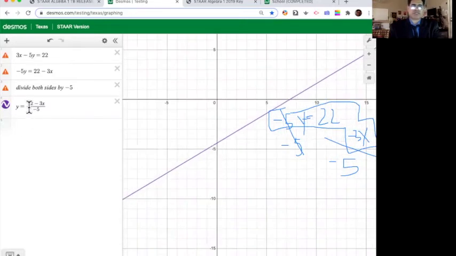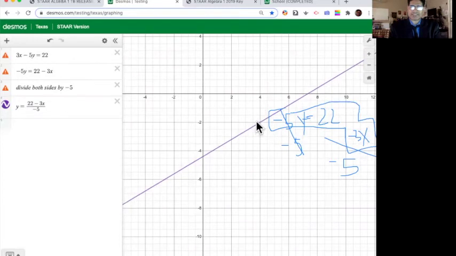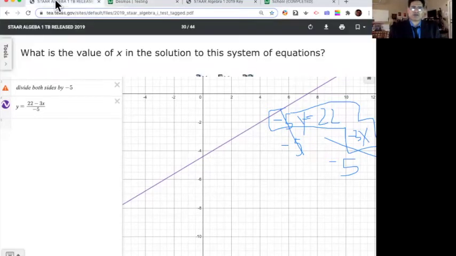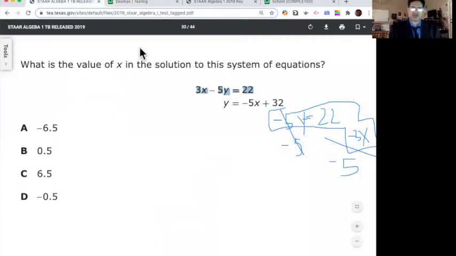It would be nice if we had the fraction and then minus the 3x in slope intercept format, but really what we're after is this line. Because remember, we hope and expect the graphing calculator to do most of the work and find our solutions to this system of equations, okay?